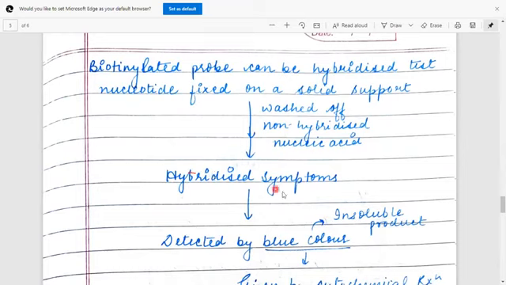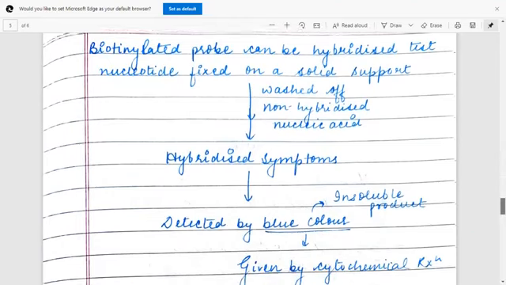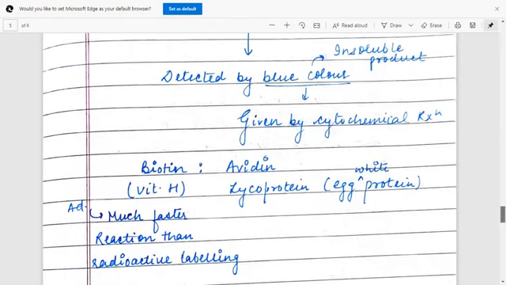Then the hybridized samples can be detected by the blue color, which is because of the insoluble products formed that give the cytochemical reactions.